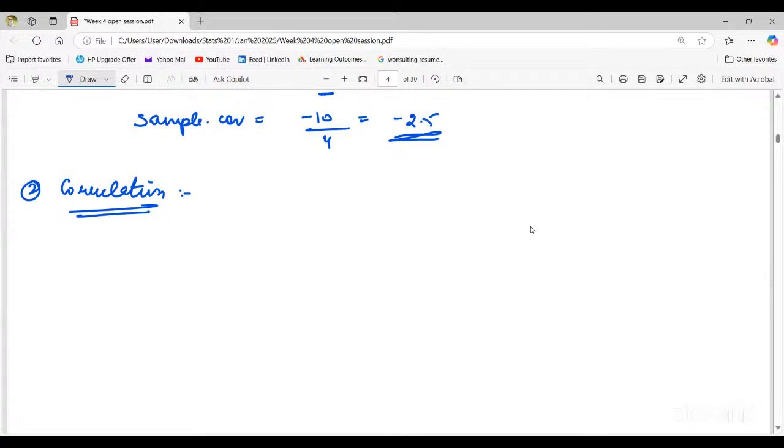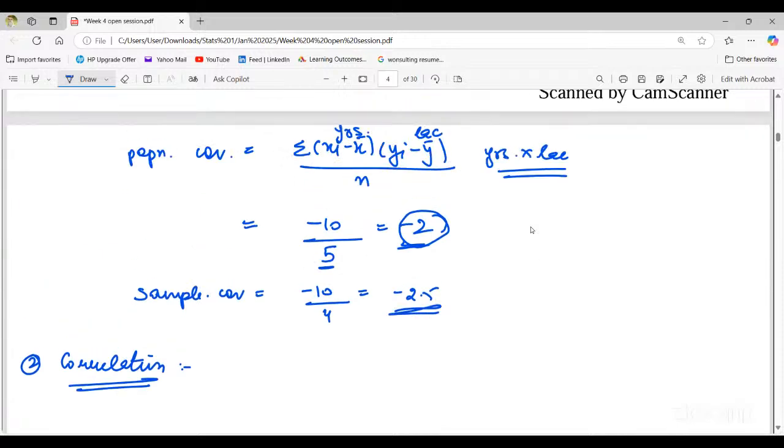Yes, ma'am. So there is an issue with the unit. If I calculate the population covariance, the result would be in units only, years into lakhs.